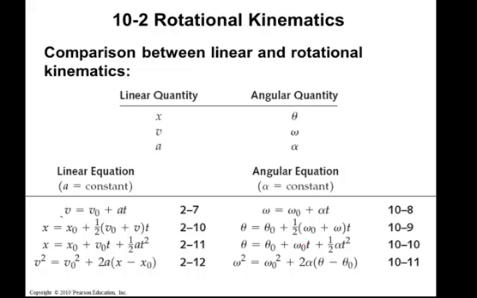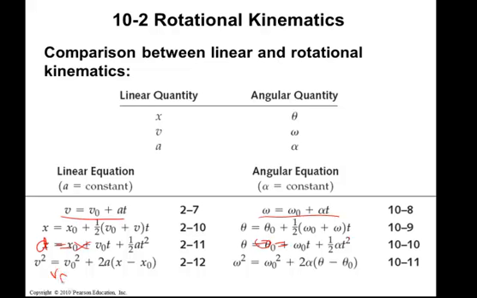So we had this one, it's the same as this one. And then we had distance equals VIT plus 1/2 AT squared. So this one's going to be theta equals our angular velocity times time plus 1/2 our angular acceleration times time squared.